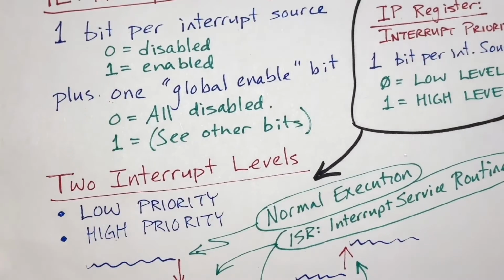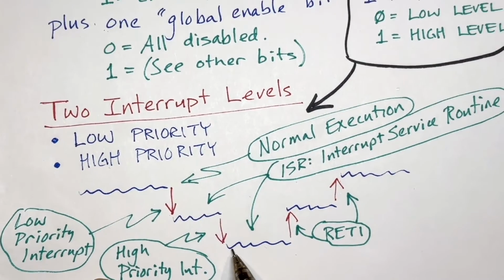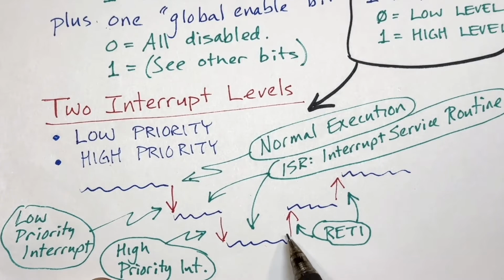Low priority interrupts can be interrupted by high priority interrupts, but not other low priority interrupts. High priority interrupts cannot be interrupted, and they run to completion. If the high priority interrupt runs to completion and there's another high priority interrupt, then that would happen after you resume executing the low priority interrupt. It would immediately be interrupted with another high priority interrupt.